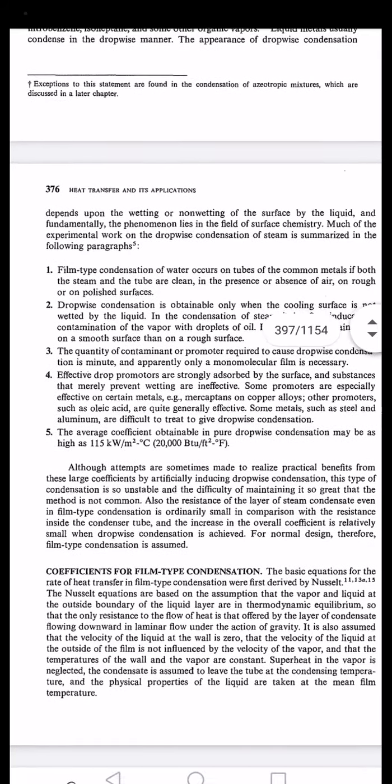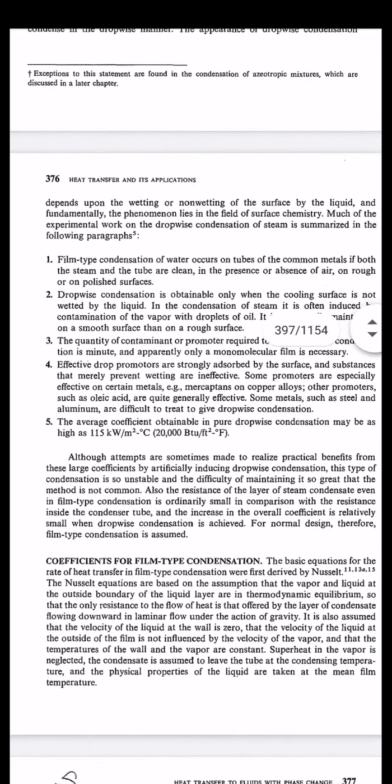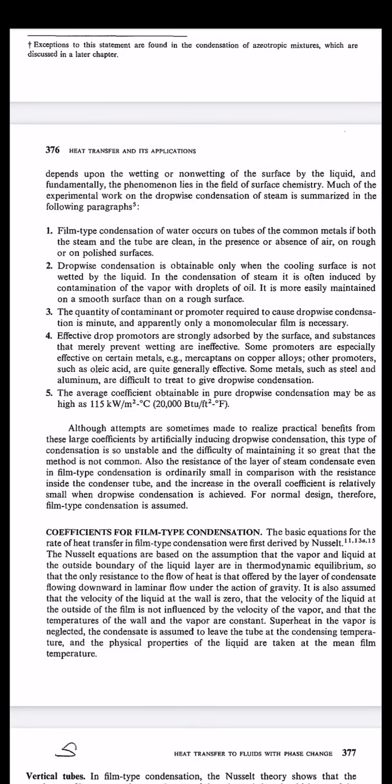Generally mercaptan, which is a sulfur derivative, is also used, or copper alloy in the case of certain metals, whereas oleic acids are also effective in the case of some metals like copper or brass, whereas materials like steel and aluminum are very difficult to treat to obtain dropwise condensation.